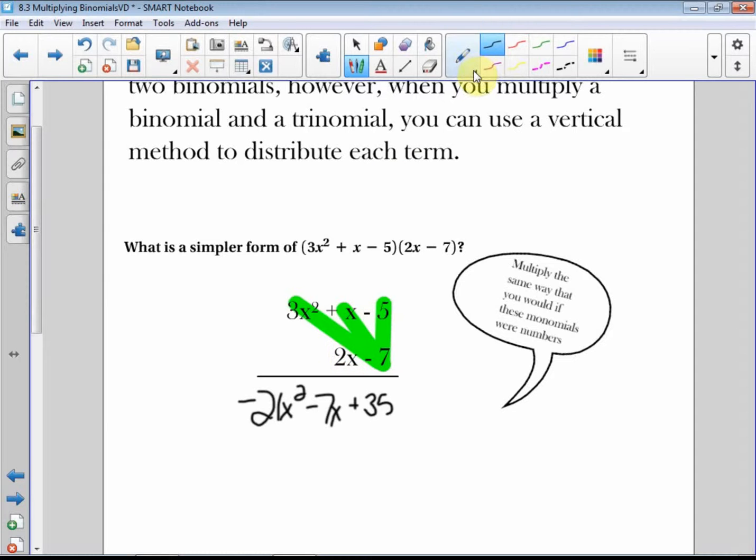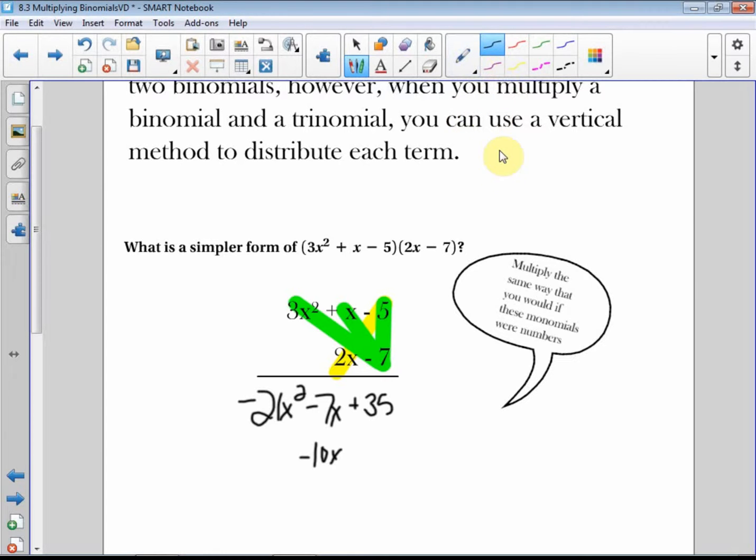So now I'm going to multiply 2x times 5. So we'll pretend that this is the tens place. So we're not going to write that down right here, only because we're no longer going to have a constant, we're going to have an x term. So to keep us nice and organized and in standard form, we're going to move over a place value, or what we used to know as a place value. So next I'm going to multiply 2x times negative 5, which is a negative 10x.